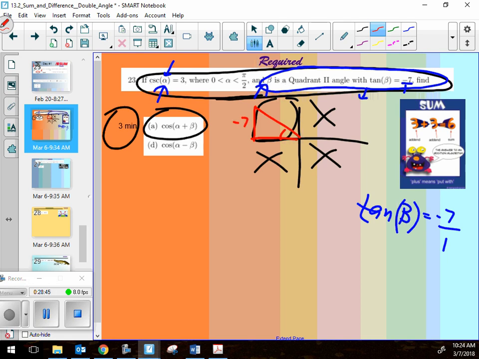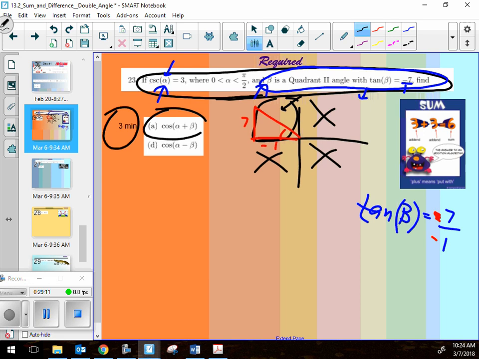The adjacent side is 1. Okay, but wait a minute. My negatives got messed up. Just because I threw the negative on top, couldn't the negative have been on the bottom? Sure it could. So that part's negative and that part's positive, because they told me I'm in quadrant 2, it has to be that way. But when I divide them, it'll give me a negative. Could I figure out the third side? Yeah, you probably should. There's the beginning of it.